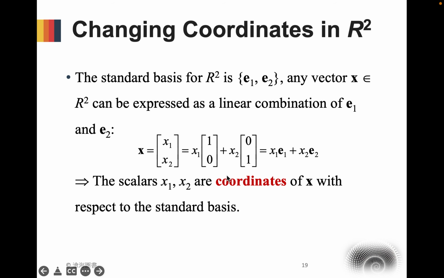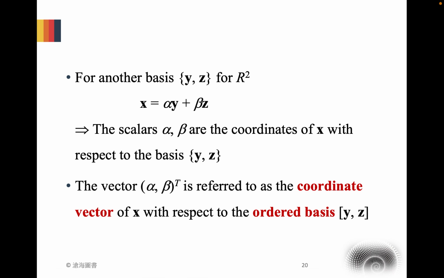Usually when we say a vector x, x1 and x2, if we don't mention it specifically, we mean the vector is represented based on the standard basis, e1, e2, right?